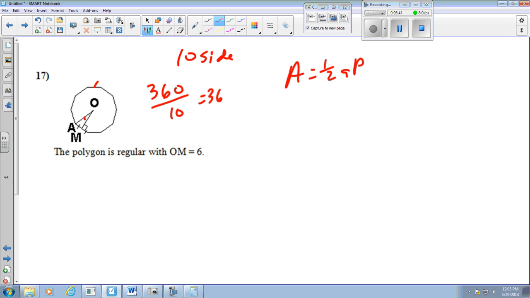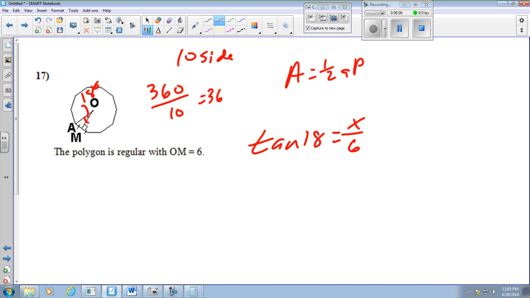Remember, this angle that we use in here is only half of that central angle, so that's going to be an 18-degree angle. So when I set this up, I'm going to use the tangent of 18 degrees is equal to the opposite, which would be this x, over the adjacent, which they tell us is 6.